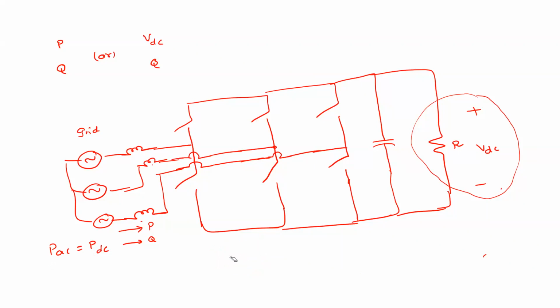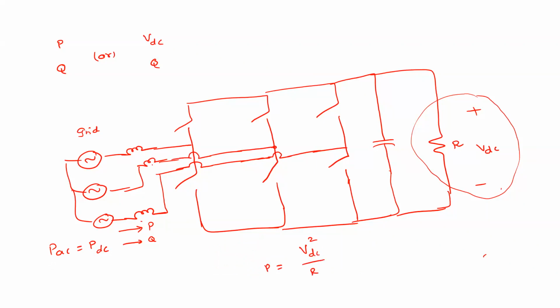You know the resistance value. You know the voltage value. What is the formula? VDC square by R. So that is VDC square by R, right?